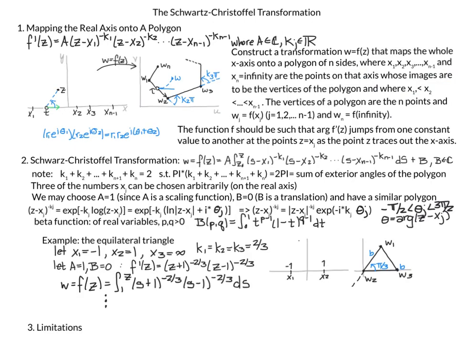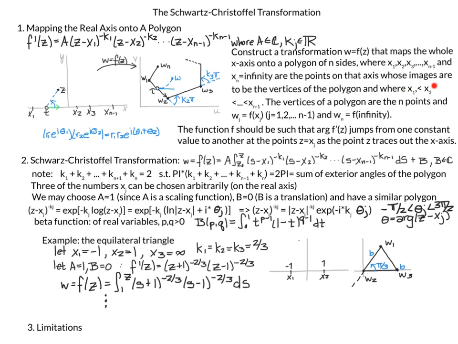To review what we have gone over, we looked at the Schwarz Christoffel transformation, which is a mapping w equals f of z that maps the entire x-axis in the complex plane, so the real axis, onto a polygon of n sides over here. So x1, x2, x3 up to x_{n-1} and x_n equals infinity are the points on the real axis whose images are the vertices of the polygon.